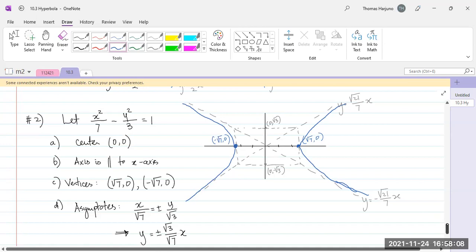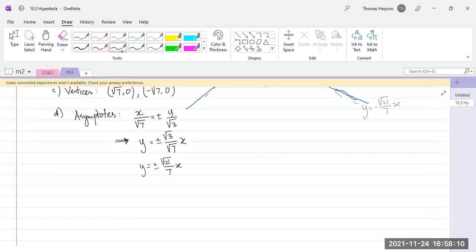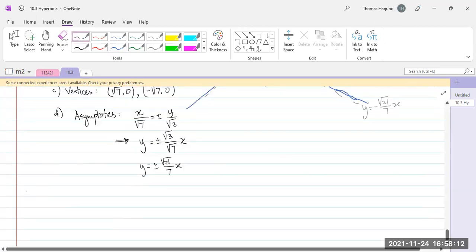Now last part, how about the foci? So part E, how about the foci?